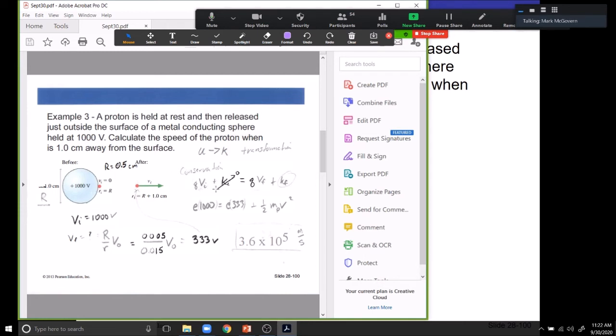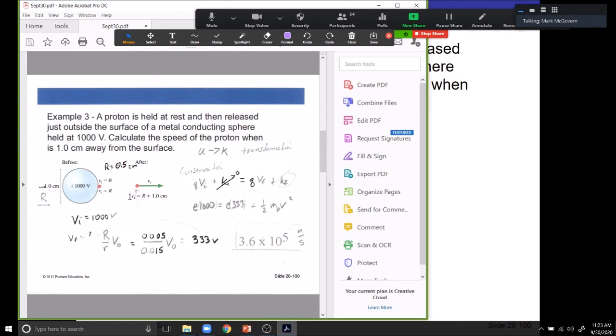Over here, when we move a centimeter away, we're at some lower potential, which we'll have to figure out, and then we can work out what the kinetic energy is, and of course from there determine the speed. Well, we've got to figure out what this new potential is here. We start off at 1,000, and we're now a centimeter away, and it will drop.